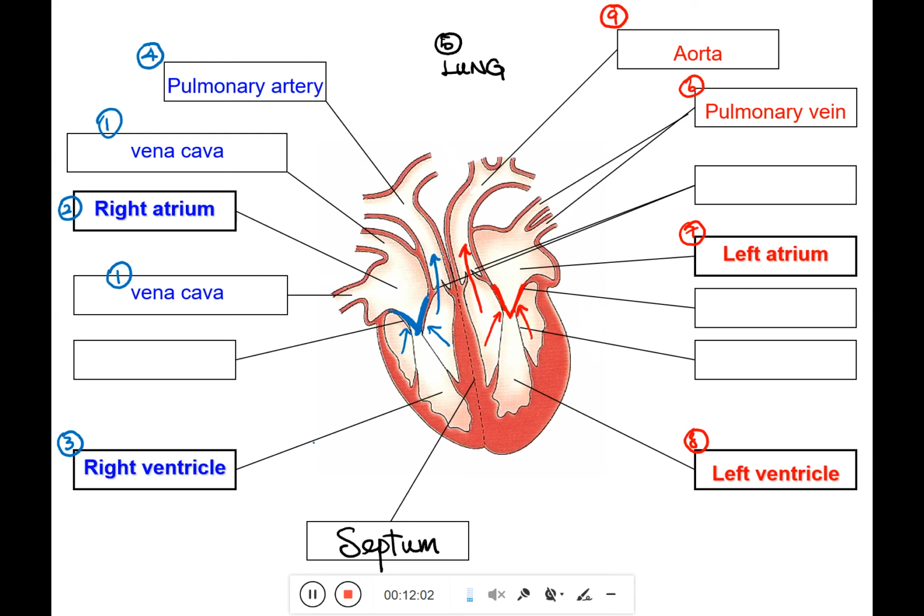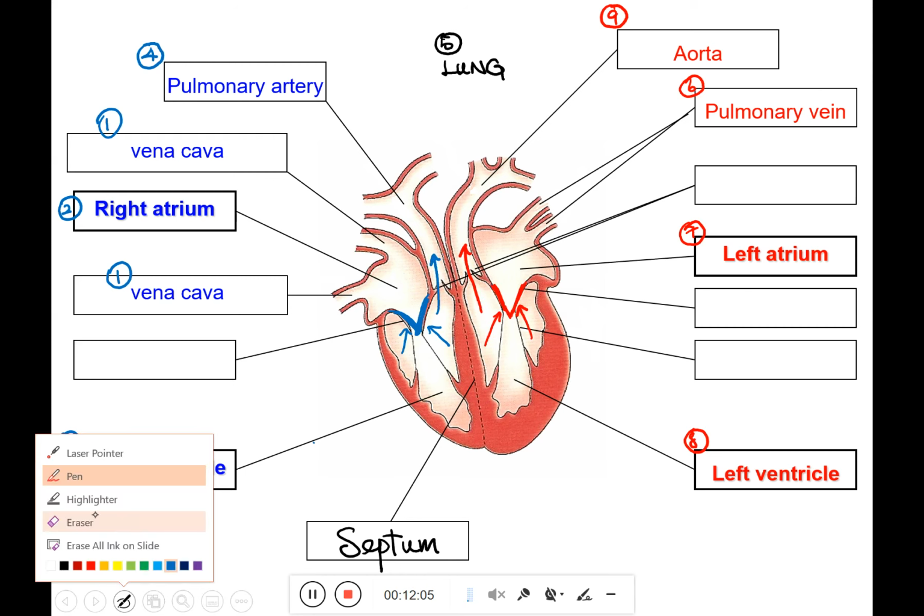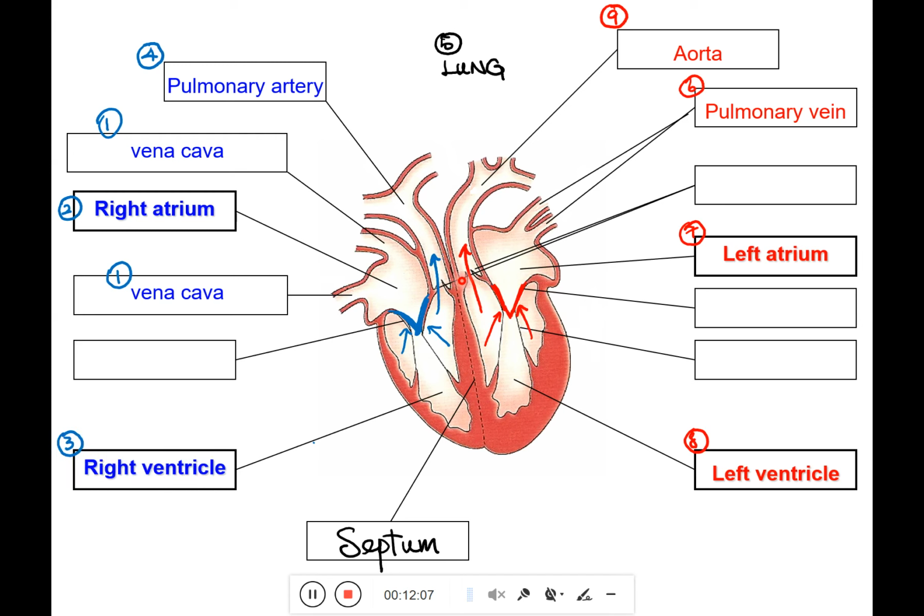And you can see the valves here at the base of these blood vessels, the arteries, they open when the blood flows in the right direction. These valves are called cuspid valves.